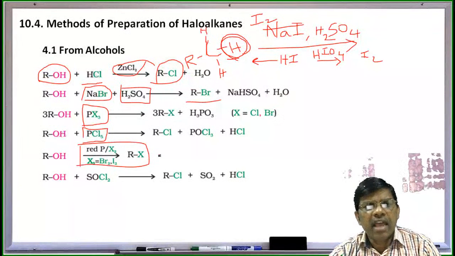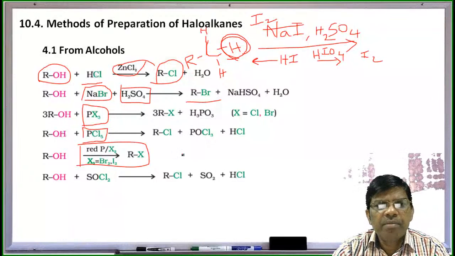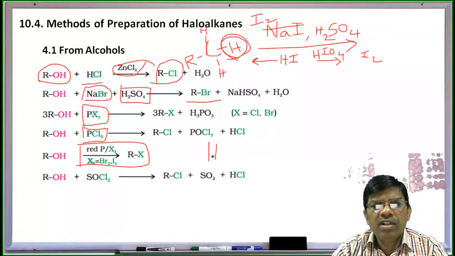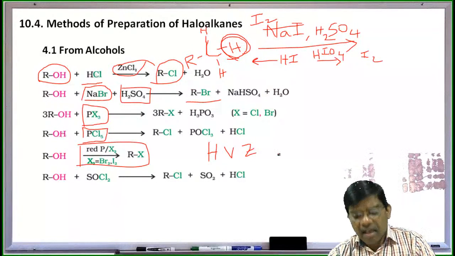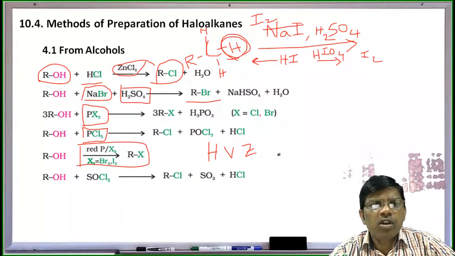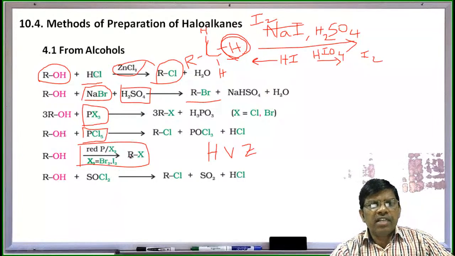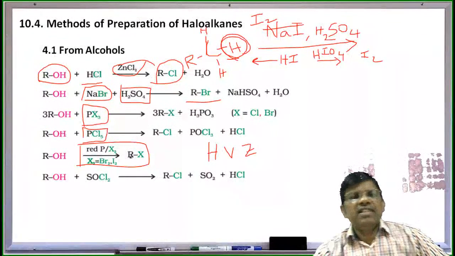In the presence of halogen and red phosphorus, this is the HVZ reaction, the Hell-Volhard-Zelinsky reaction. The HVZ reaction is the alpha halogenation of carboxylic acid, which you can do with red phosphorus and halogen, isn't it?